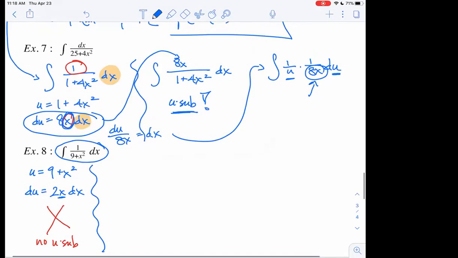Then I'm like, well, I see something squared plus something squared on the bottom, so maybe it's my arctan.